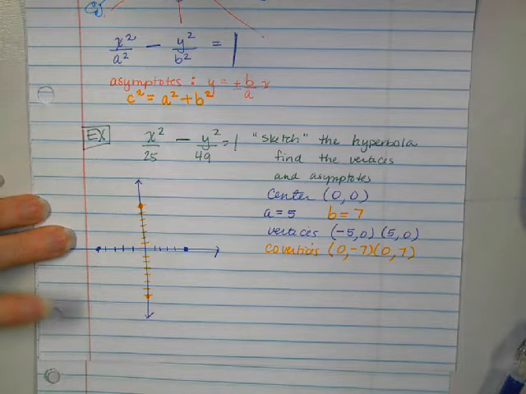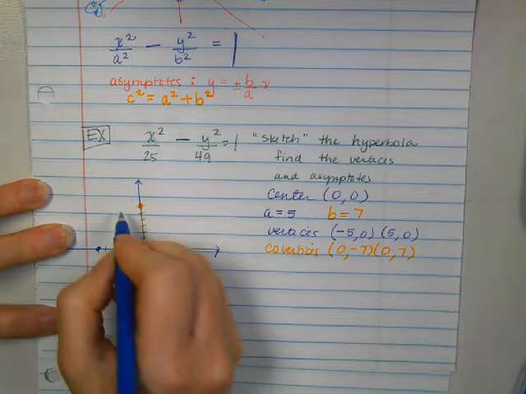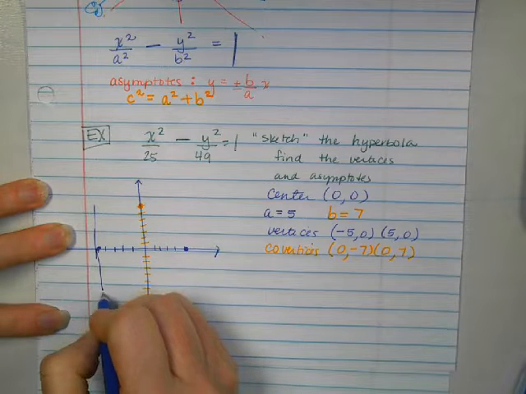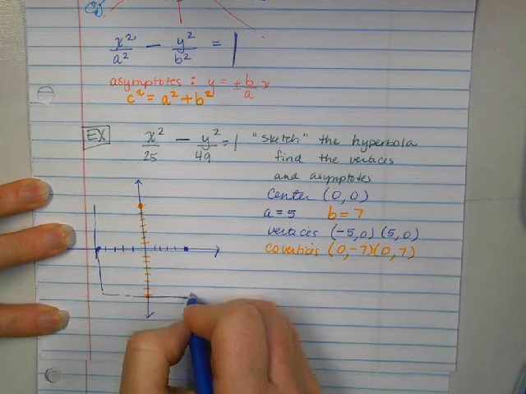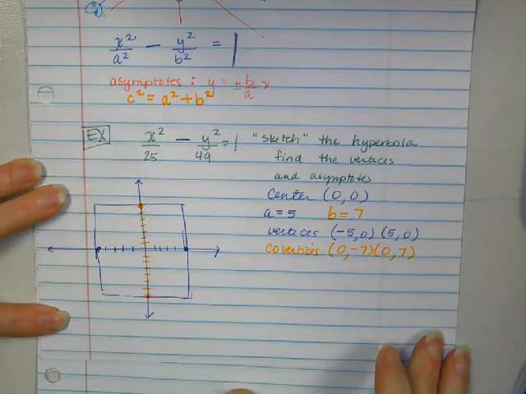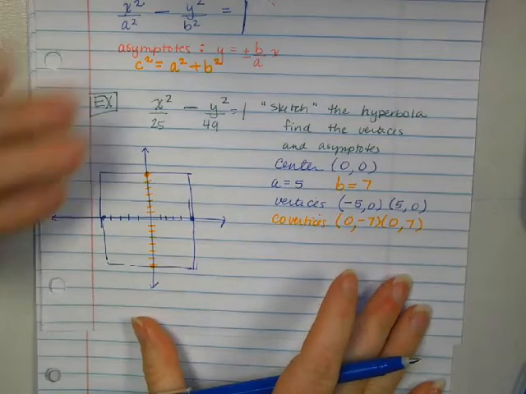What those do for you is not draw you a hyperbola. All those do for you is create this box. So I'm going to draw a box, like that. I know y'all don't really have to graph these, but it'll help it make sense.